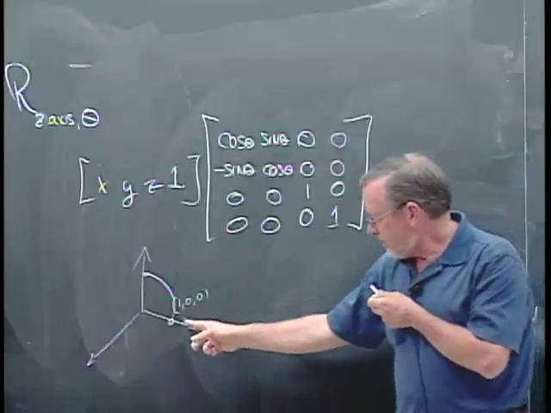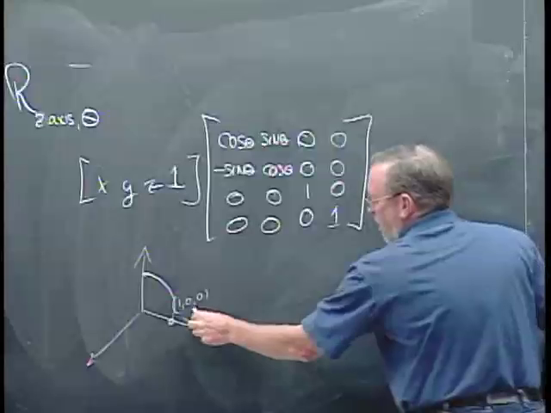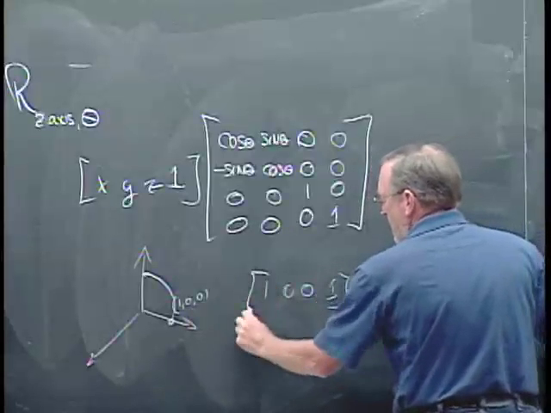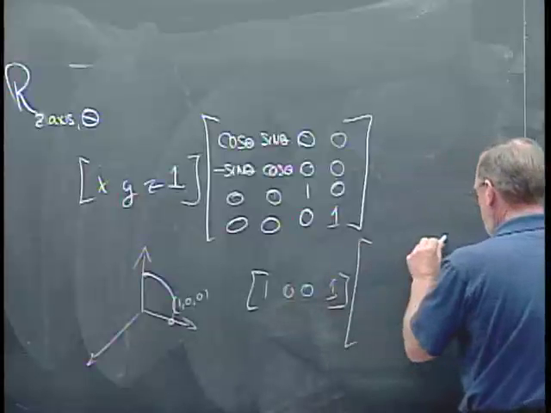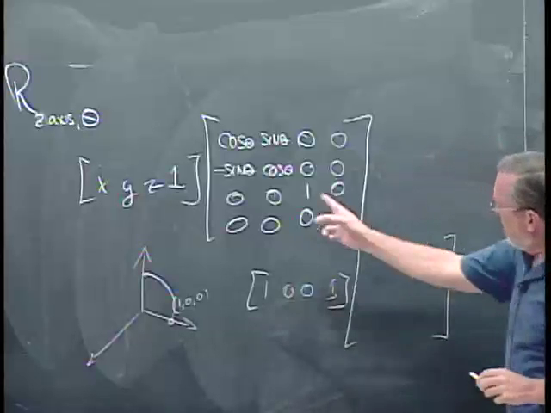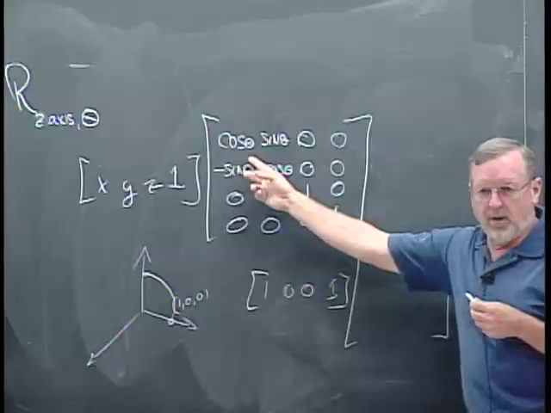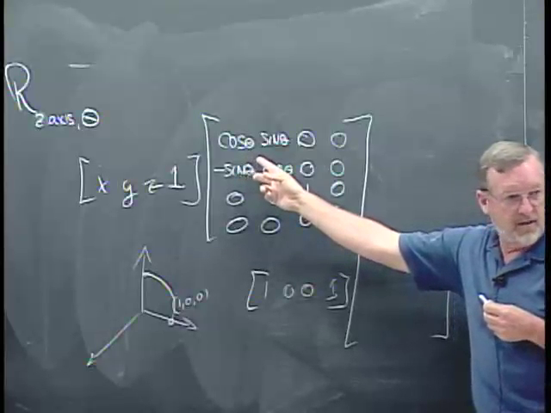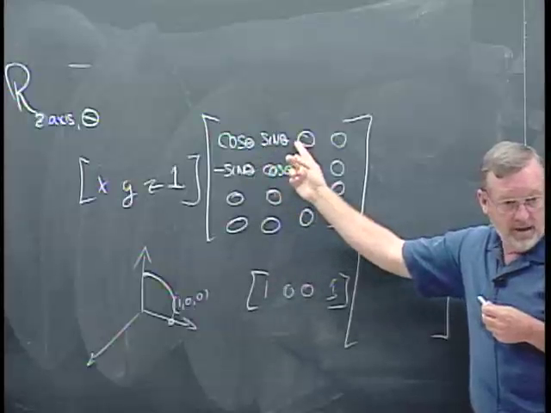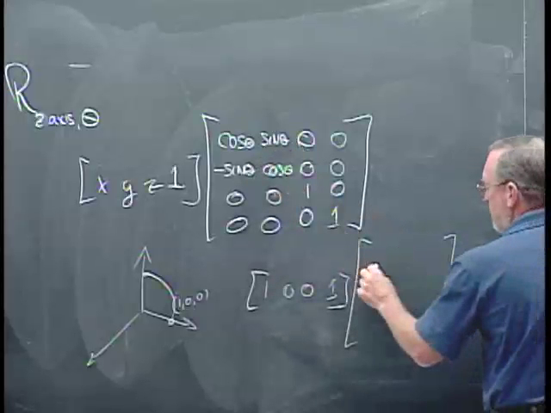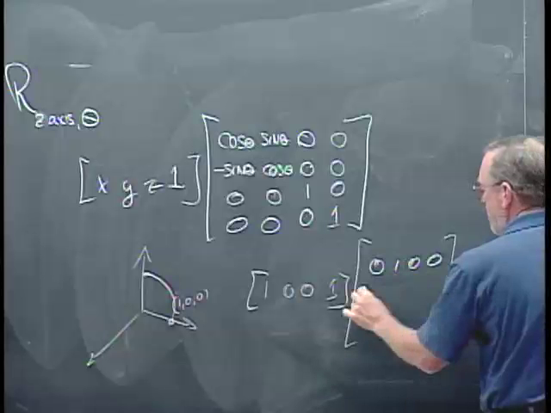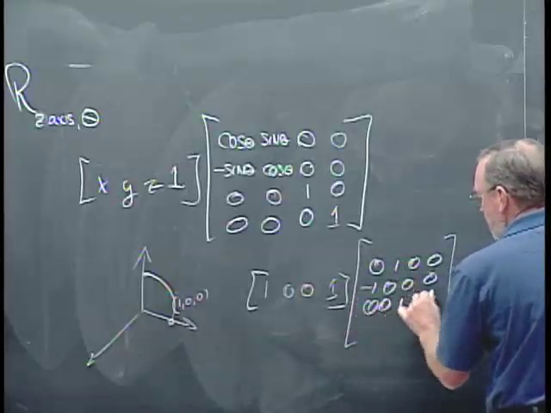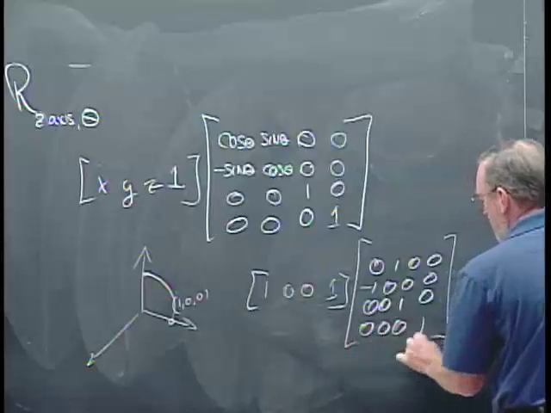So let's rotate this around. We take this point, which is 1, 0, 0, 1. Add the 1 on there. And I take this matrix right here with theta equal to 90 degrees, pi over 2, which means cosine is 0 and sine is 1. So the matrix becomes 0, 1, 0, 0, minus 1, 0, 0, 0, 0, 0, 1, 0, and 0, 0, 0, 1.